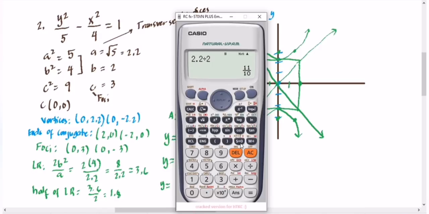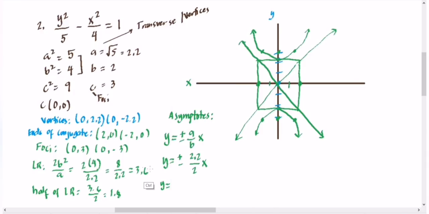That is equal to 1.1. So, pwede mo ilagay plus minus. I-simplify mo lang, plus minus 1.1x. This will be our asymptote lines. Next, connect lang natin tong mga dots na. Okay, yan yung lateral recta natin.